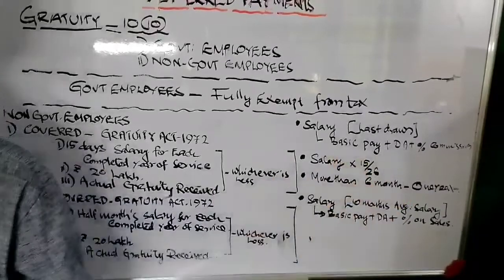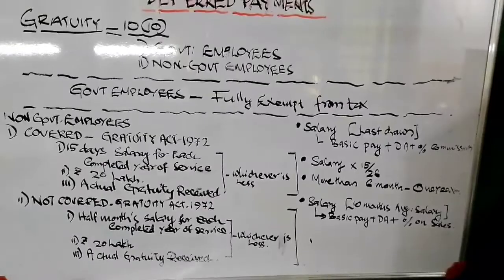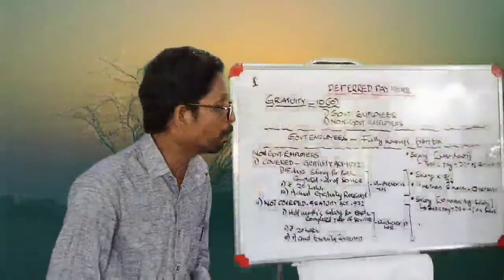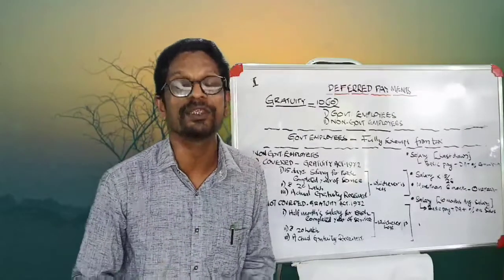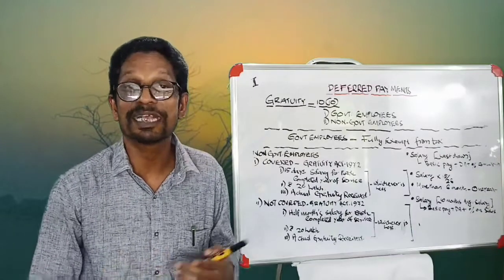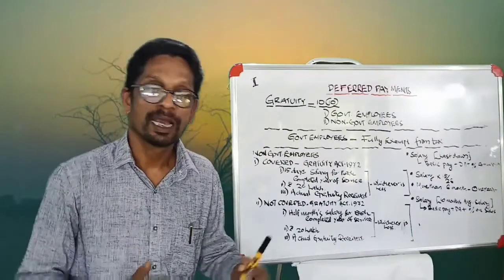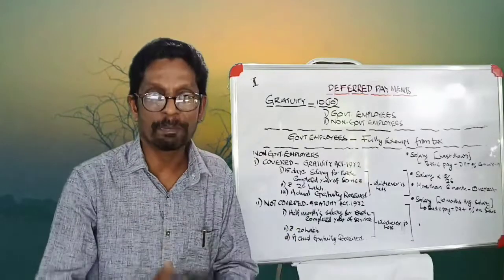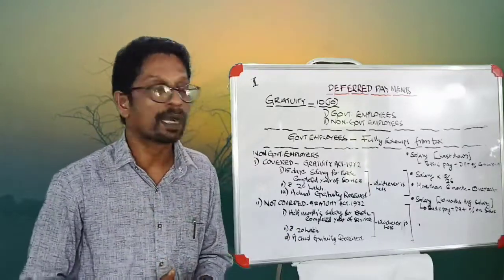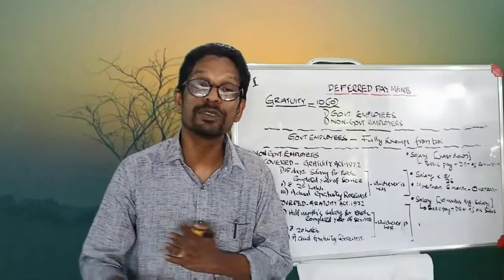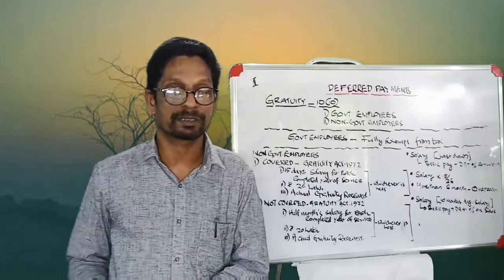Next, one more condition is there. In case an employee has worked for more than 6 months in a year, it is treated as 1 year. For example, a person retired from the government job after completing 26 years and 7 months.